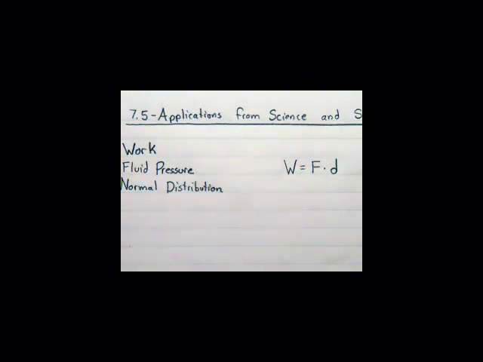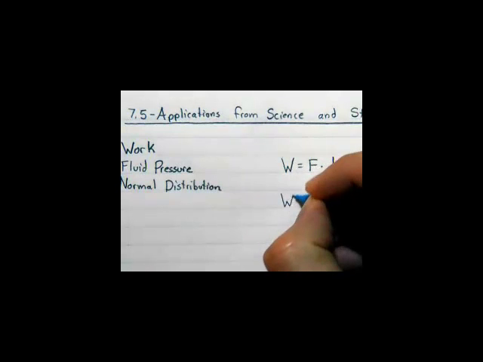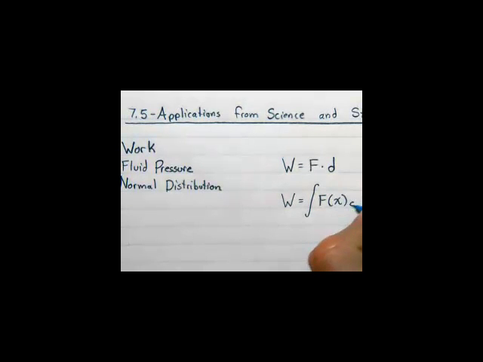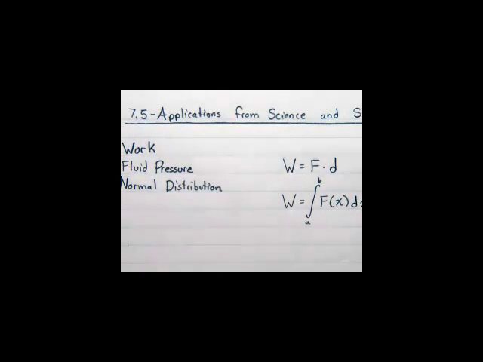So, if we want to do it with a variable force, it becomes this. If that force is variable, if it's changing depending on where you are, think of x as like if I'm walking along the x-axis, and I'm carrying something that has some kind of weight to it, so it's got a force to it, and as I'm moving, the weight of that thing is changing on me.